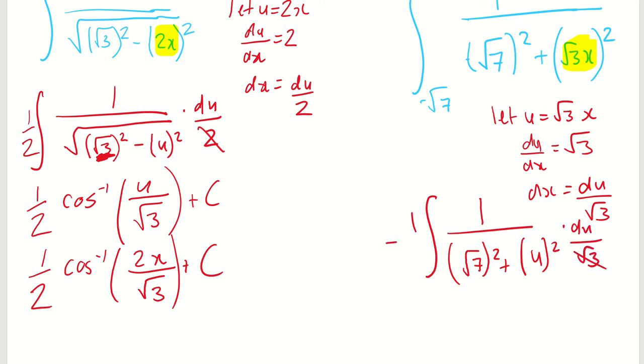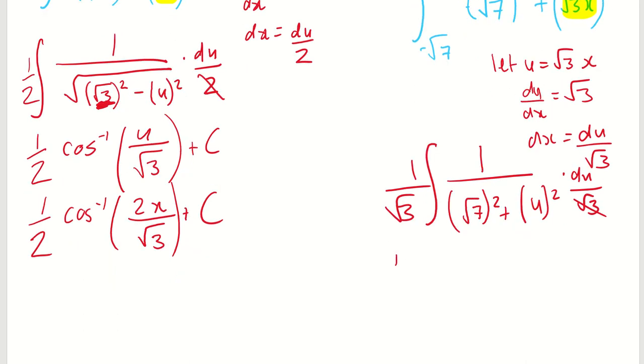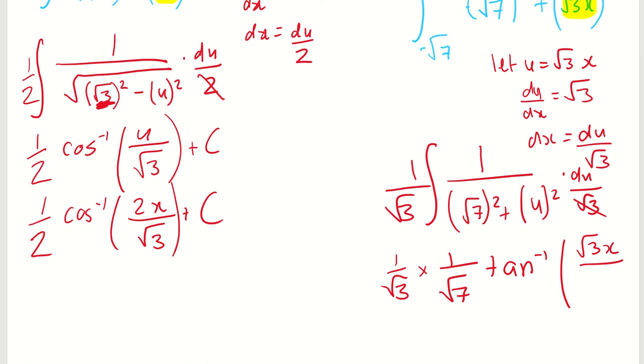Take that 1 on root 3 out the front. Make sure you realize that root 3 is on the bottom, so it's 1 on root 3. And now I know that that is the tan, which is 1 on root 3 times 1 on a, because that's the tan formula, of x. I know that's u, but I'm just skipping a step here. That is just that on a. Okay, and clean it up.